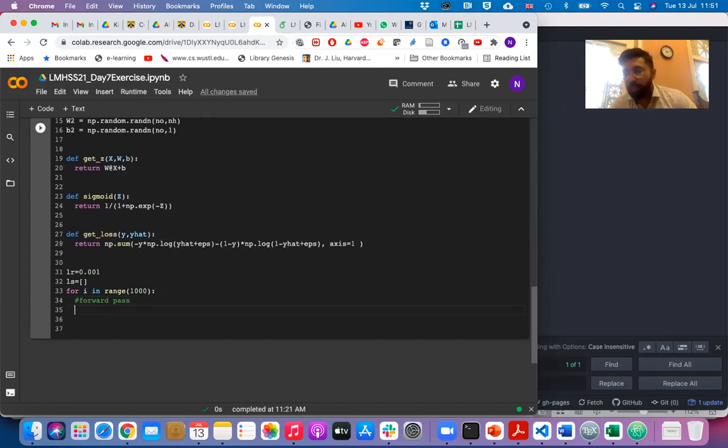So what would be the first component of the forward pass that we calculate? What is the output of the first layer? The first linear layer. What do we call it in our notation?